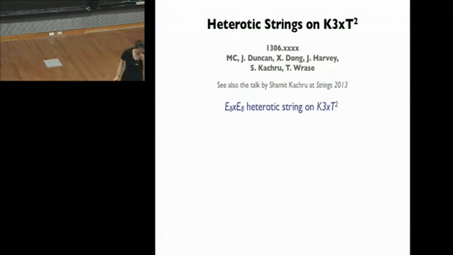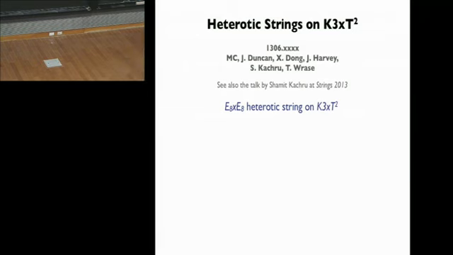This is based on work with the same authors as before, as well as the Stanford group, including Shamit Kachru, Xi Yin, and Timm Wrase. And for those of you who are going to Strings, Shamit is going to talk much more about this than I do.